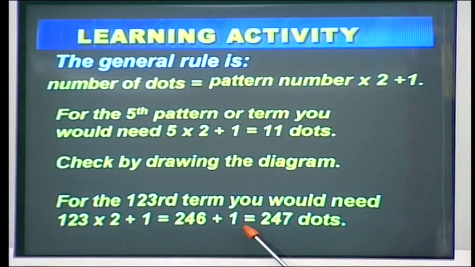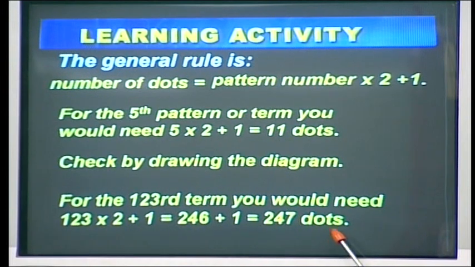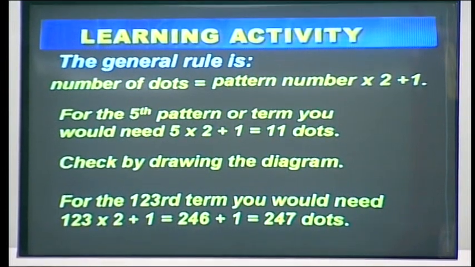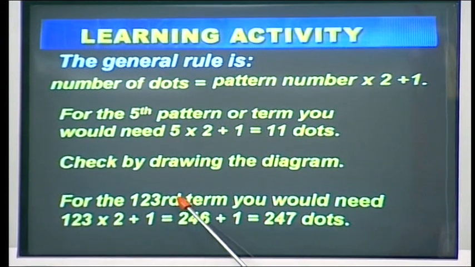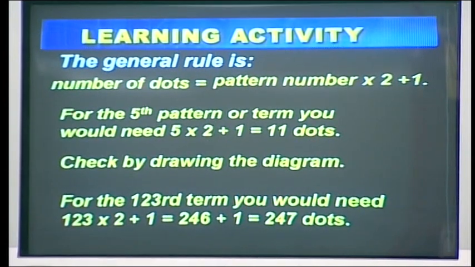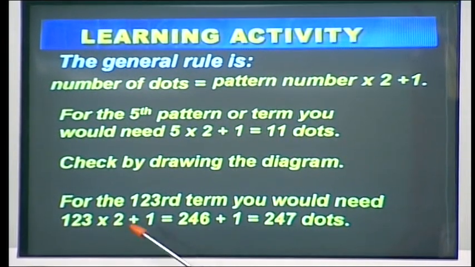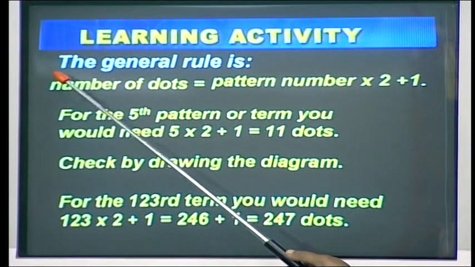And you should have 247 dots as your last diagram that represents the 123rd term. You can start with the first term, 3, second term 5, and so forth. Instead of drawing that, you can use this simple rule.